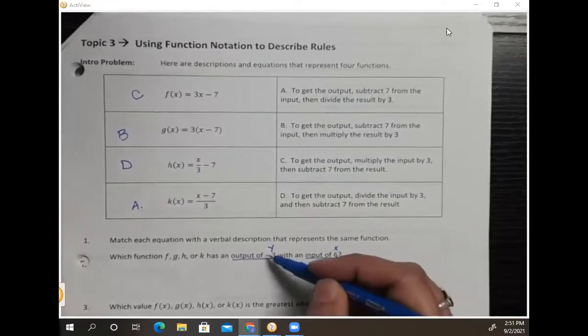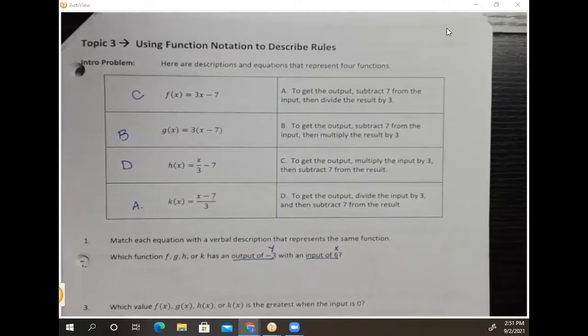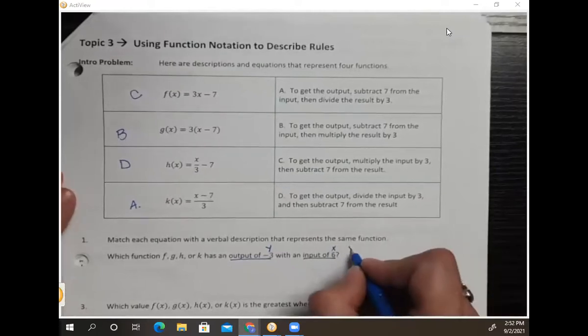Which of them would give me -3 if I input 6? How do I figure out which one it is? Yeah, plug in x equals 6.